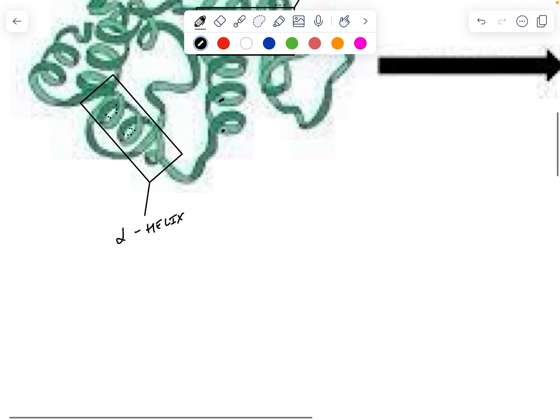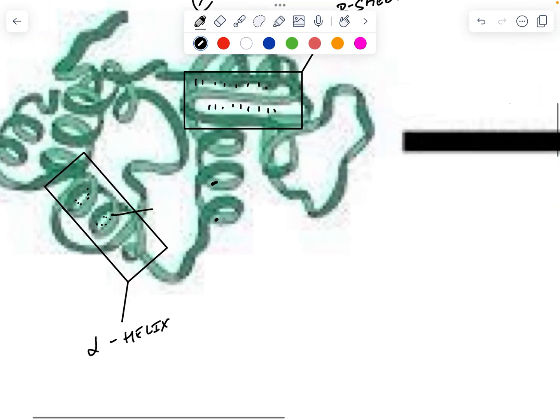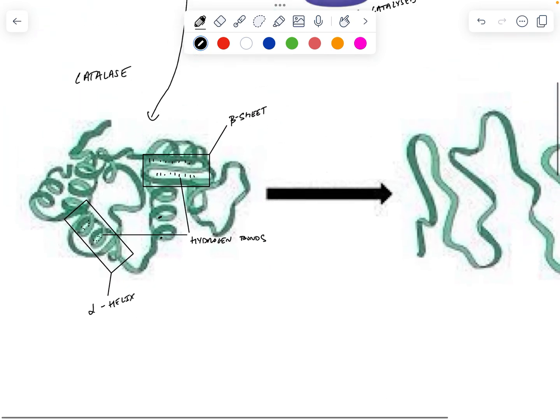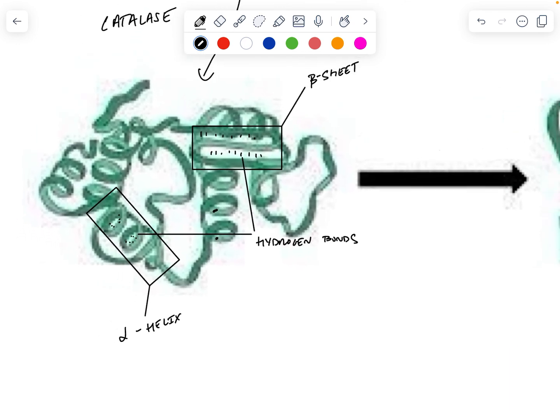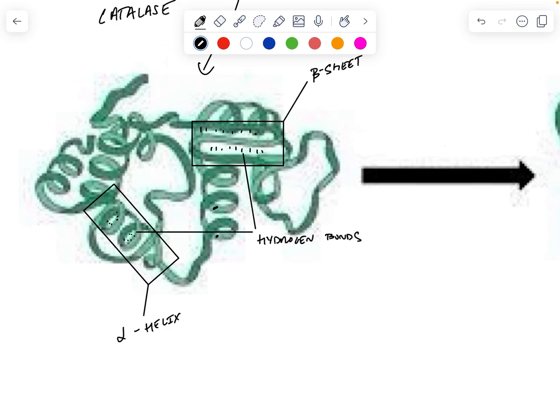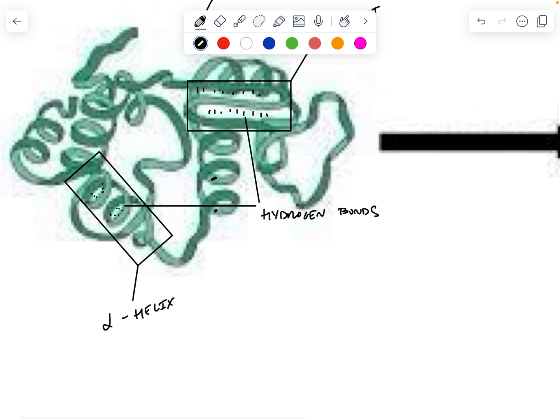These little dotted lines that I'm showing indicate hydrogen bonds. So this is a hydrogen bond, and these are hydrogen bonds. You all remember from our exploration of water that hydrogen bonds occur between two different molecules or two different parts of one molecule, when we have an area that has a slightly positive charge, and usually that slightly positive charge is hydrogen, but it can also be nitrogen.